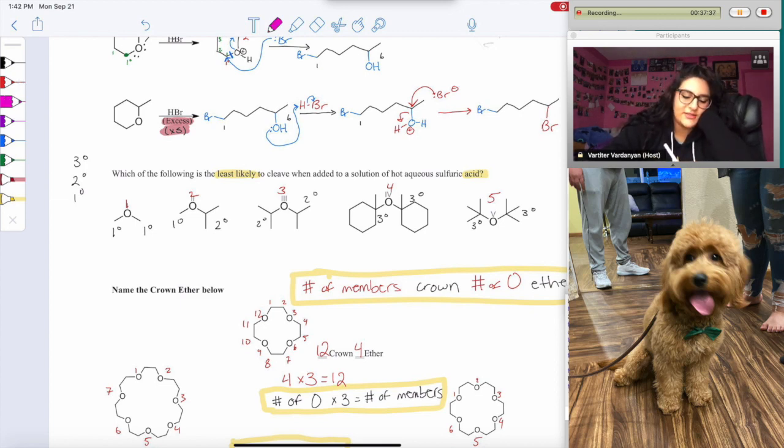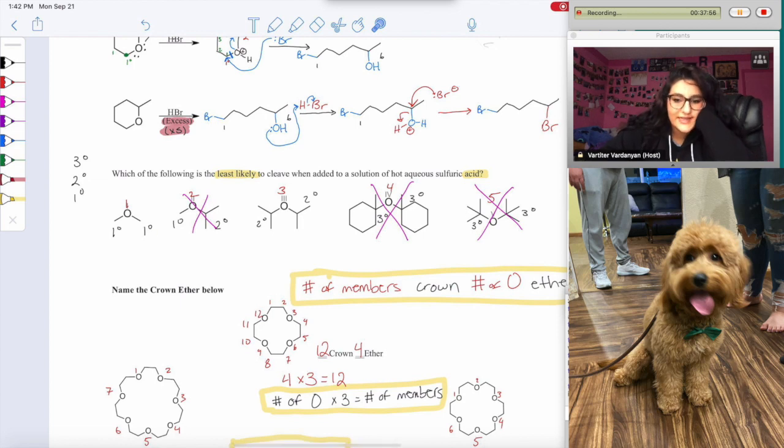So you guys are stuck between 1 and 3, which is good. So 4 and 5 are automatically out because they're both tertiary, so goodbye. Number 2 is in the middle. It has 1 primary and 1 secondary, so that one's also out. So we're stuck between primary, primary versus secondary, secondary.